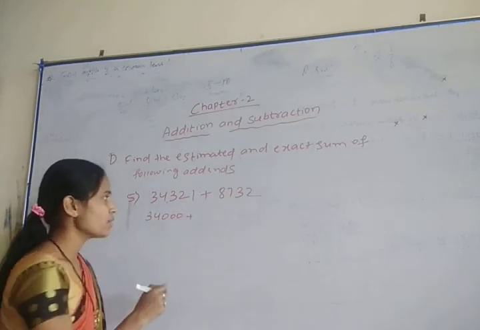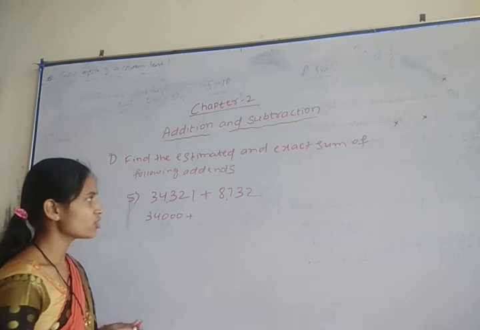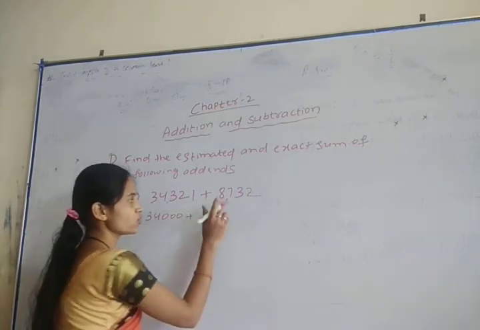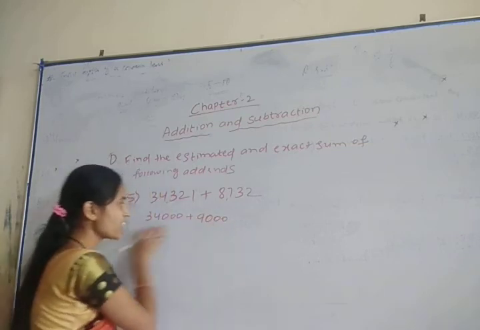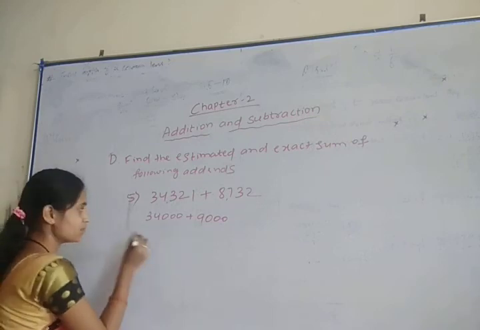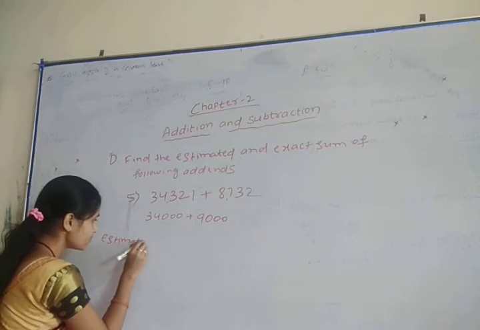Okay. So tell me students, whether 8,732 is nearer to 8,000 or it is nearer to 9,000. It is nearer to 9,000. Okay. So I will write here 9,000. Now add these two numbers to get the estimated sum. Okay. Estimated sum.